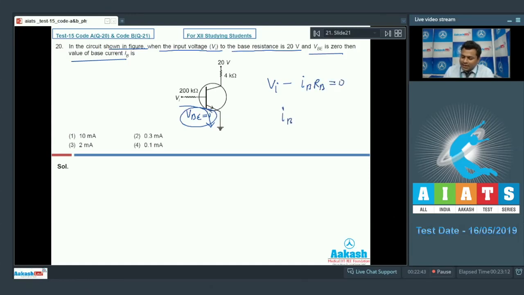From here the value of IB we can have is VI divided by RB. So IB will be VI, that is 20, divided by RB, 200 into 10³ ohm. Further solving gets you IB as 0.1 milliampere.